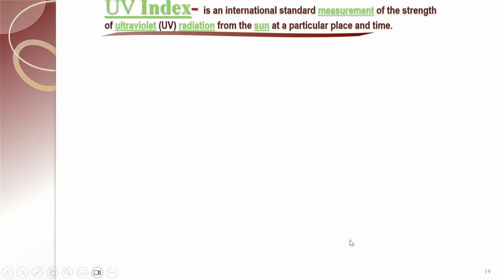The next parameter is the UV index. The UV index is an international standard measurement of the strength of ultraviolet radiation from the sun in a particular place at a particular time.